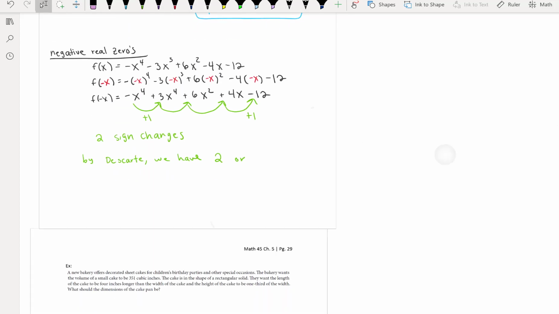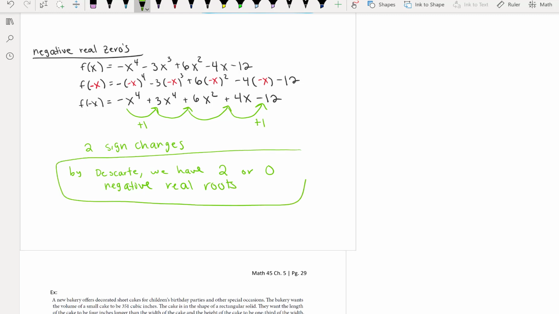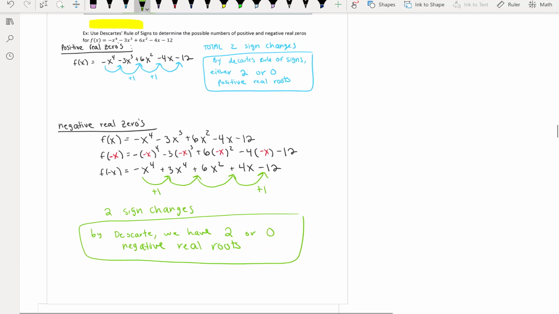So again, by an even integer, 2 minus 2 is 0. So 2 or 0 negative real roots. That is going to be my final answer there. So 2 sign changes means we either have 2 or 0 negative real roots.